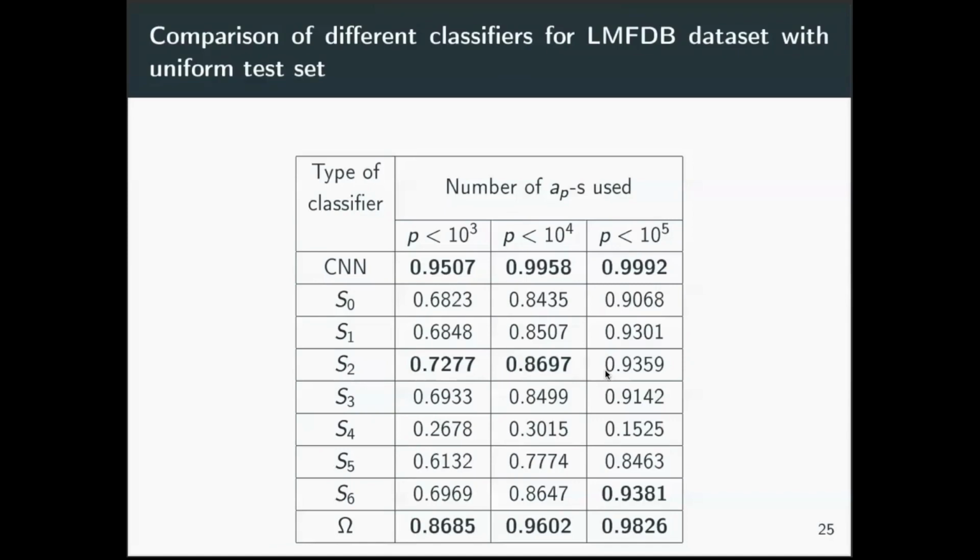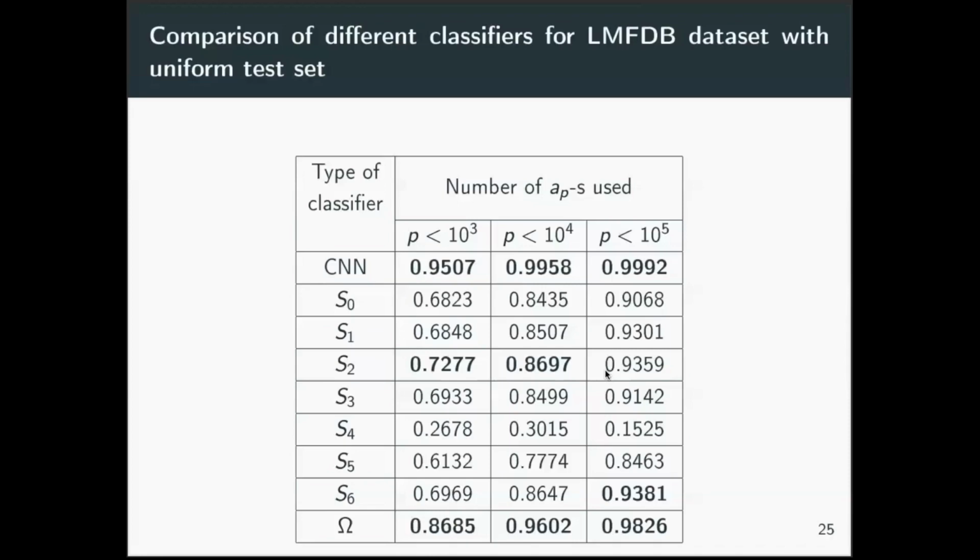What you can notice is that the convolutional network is working really well in all three cases. It's doing much better than any of the Mestre-Nagao sums individually. And as I mentioned earlier, this omega neural network, which takes into account all these Nagao sums, performs much better than each of the Nagao sums individually.